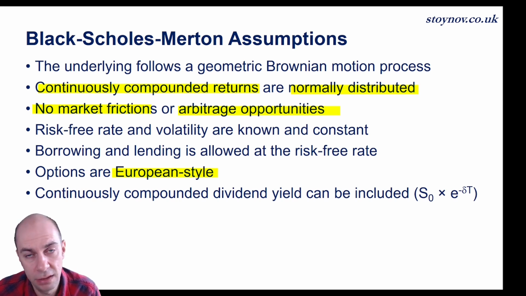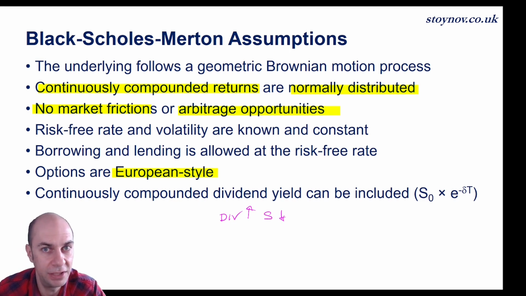You can accommodate a dividend yield if you wish to. That's going to be a continuously compounded dividend yield. And just think intuitively what happens when the stock pays a dividend. The stock price has to decline on the ex-dividend date. So that dividend yield acts as a drag on the stock price.